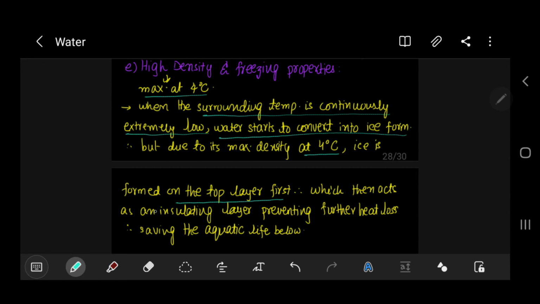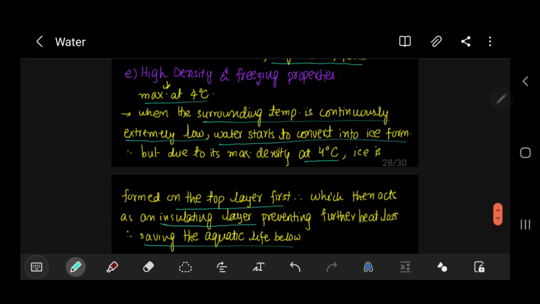Since ice is less dense than water, it floats on the water, so the ice is formed on the top layer, which then acts as an insulating layer. It prevents heat loss, saving the aquatic life below. This is very important.